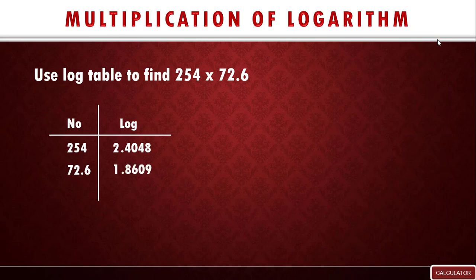Okay, having gotten that, because we have multiplication here, we are going to apply the multiplication law, and the multiplication law says that we need to add the logarithm of the numbers together. So let's add them together now. 8 plus 9 will give us 17, and we write down 7.